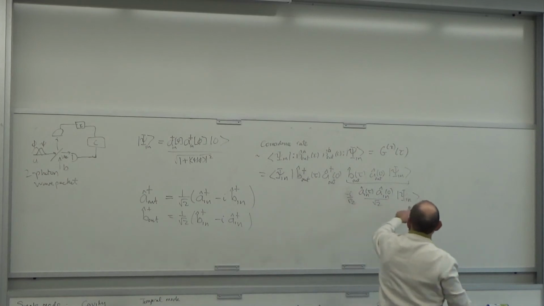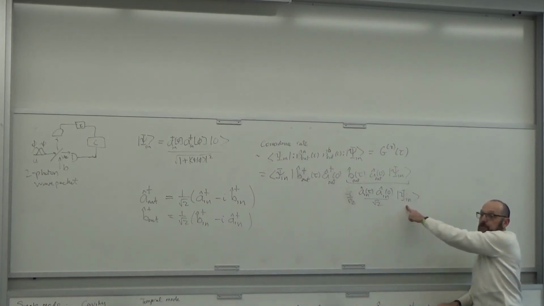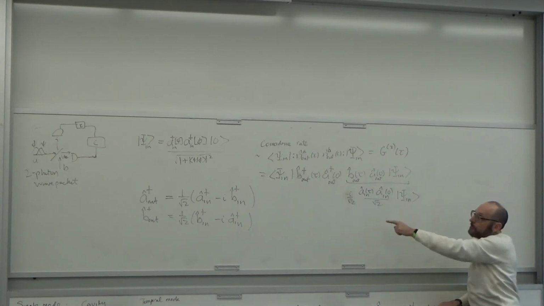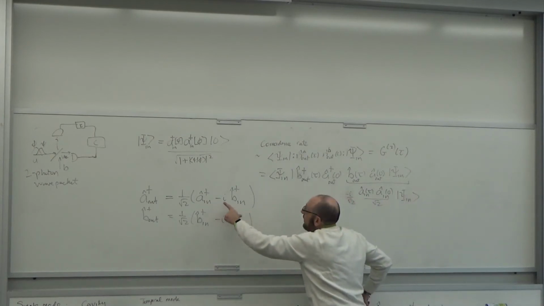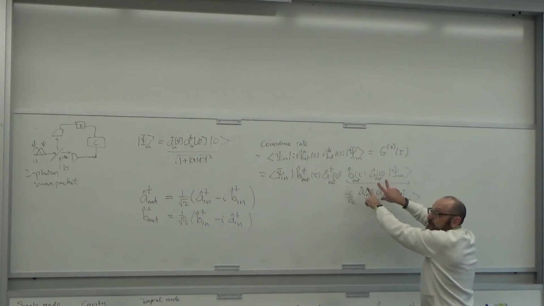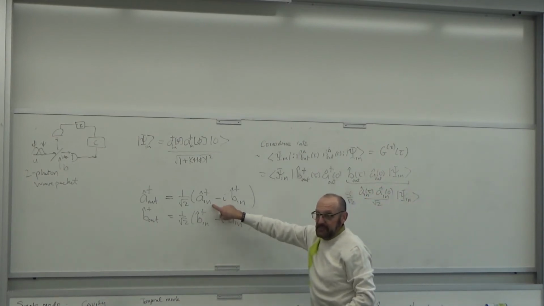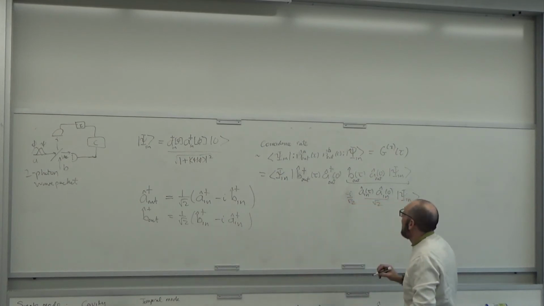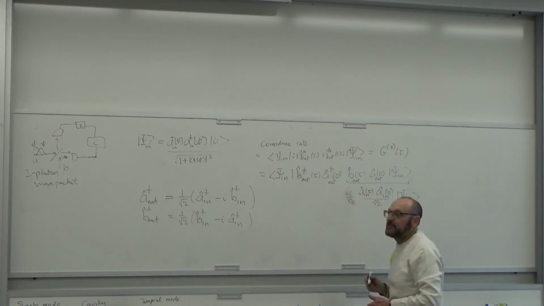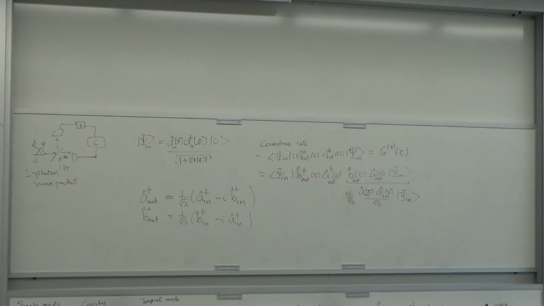Anytime the B hits this, it annihilates because there's vacuum in the B modes. So I'm only keeping these terms. There'll be four terms when I multiply it out, but it's only these that matter. And I should make this a dagger, because it's really an operator, not a number.